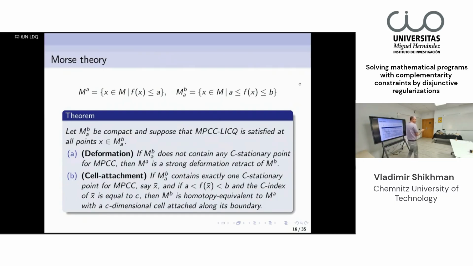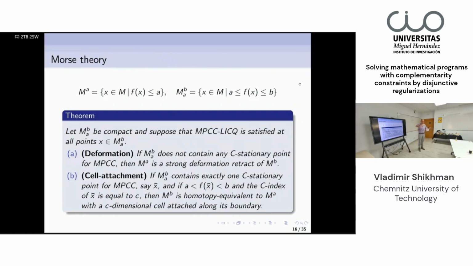That's what you see. It's getting bigger. The lake's getting bigger, but there is no change of topology. This is the deformation. And if between A and B there is just one C stationary point, with some index c, some quadratic part and some bijective part, then MB is homotopy equivalent to MA with a c-dimensional cell attached along its boundary.